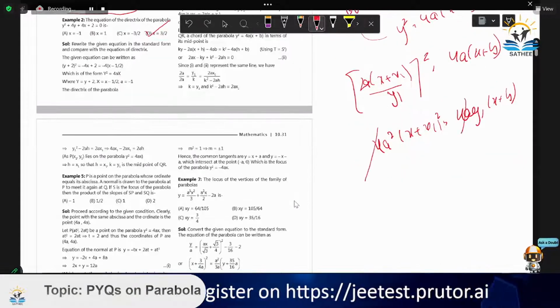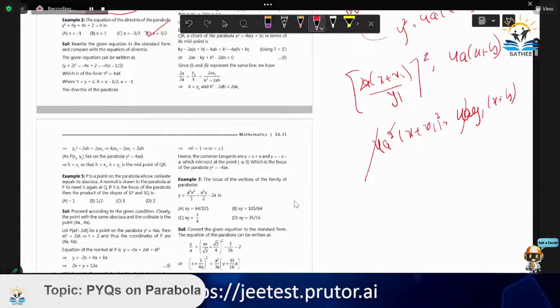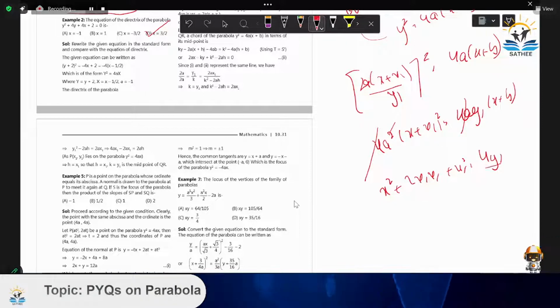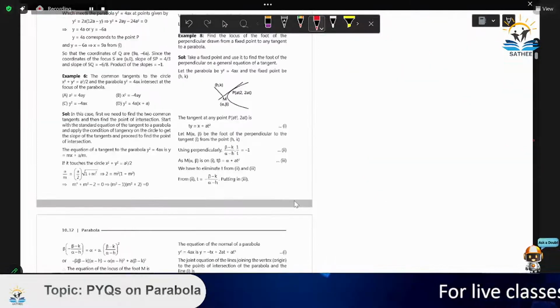I'm canceling the 4a, so I'm left with x square plus 2 times of x1 plus x1 whole square upon is equal to 4y1 by a into x plus 4, or b, it is b. Sorry, my handwriting, but it's b.